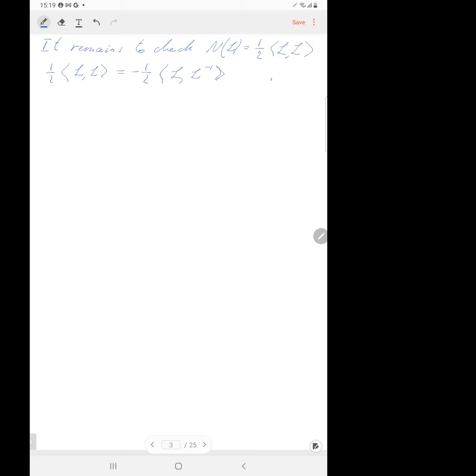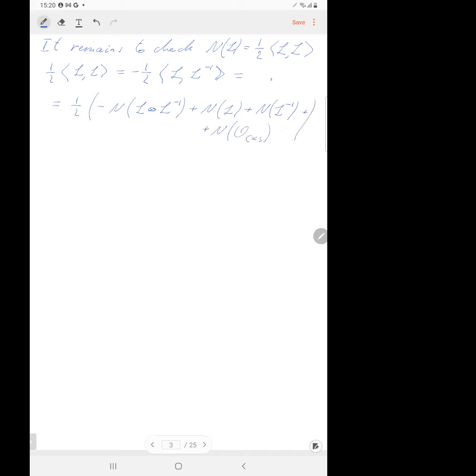But by linearity once again, but by definition, 1/2 of negative defect of L tensor L inverse, that is just the trivial bundle, plus n of L plus n of L inverse plus n of the structure sheaf.